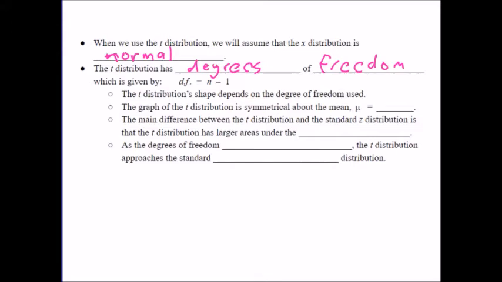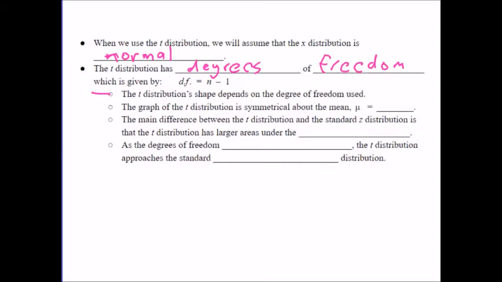The degrees of freedom are the sample size minus 1. And the degrees of freedom affect the shape of the t distribution. So the t distribution shape depends on the degrees of freedom used.